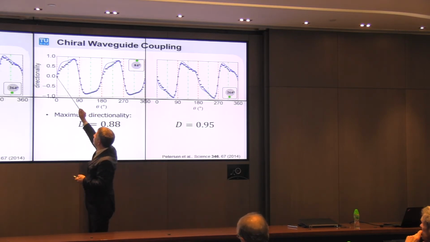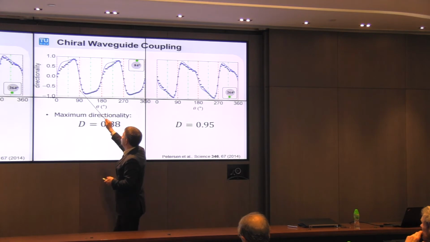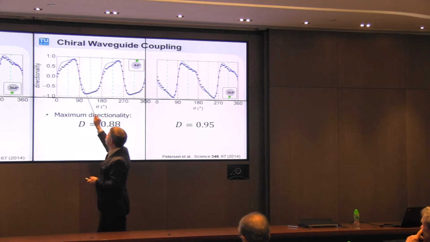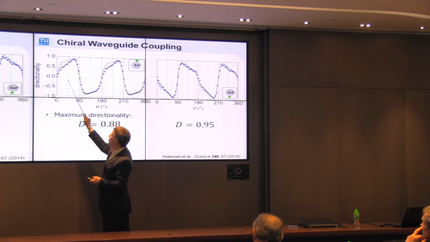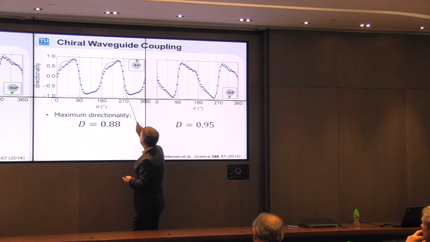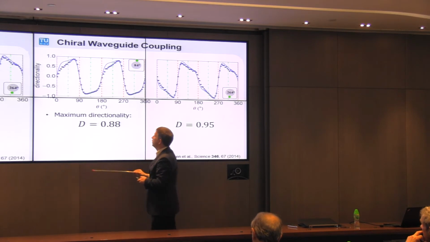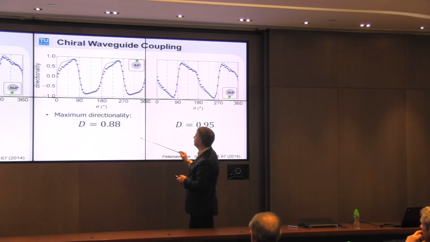However, I see here, the dots are experimental measurement, that I indeed have a strong modulation that goes from large positive to large negative values, where the left and right detectors interchange roles if I go from left circular to right circular polarization.